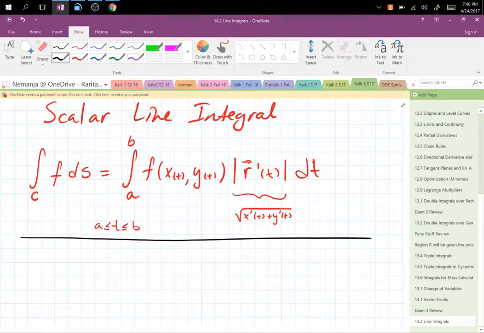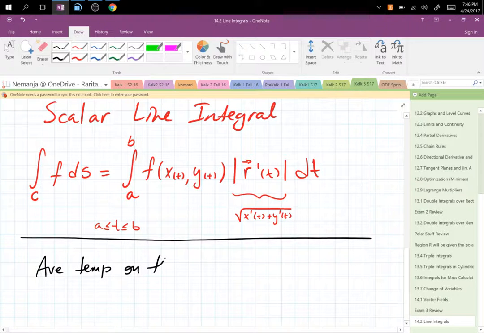Average temperature on a circle. So the circle is given as x squared plus y squared less than or equal to 1. That means the inside and the boundary of the circle.